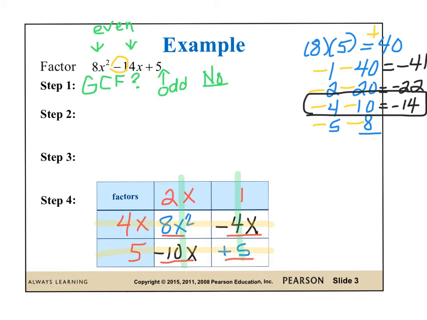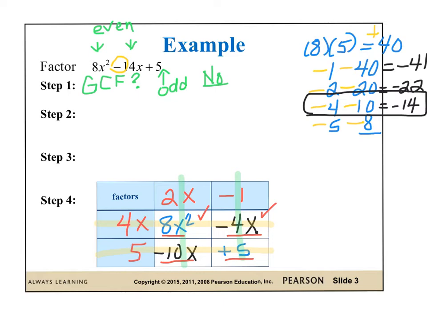4 times 2 gives us 8. And x times x gives us x squared, so our first product is correct. 4x times 1 will only give us negative 4x if we make that 1 a negative 1. And now that sign works.